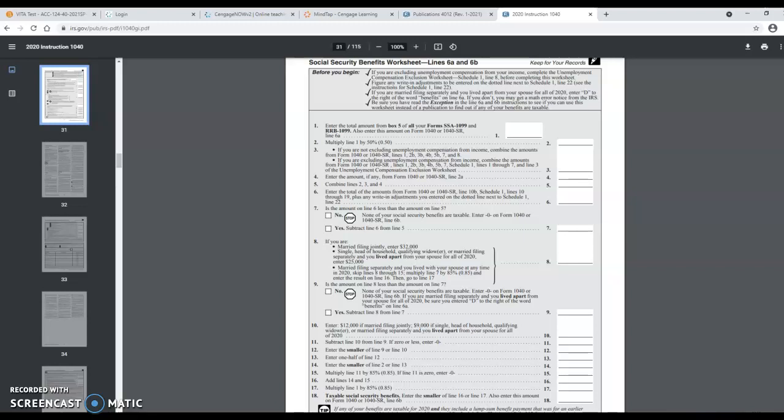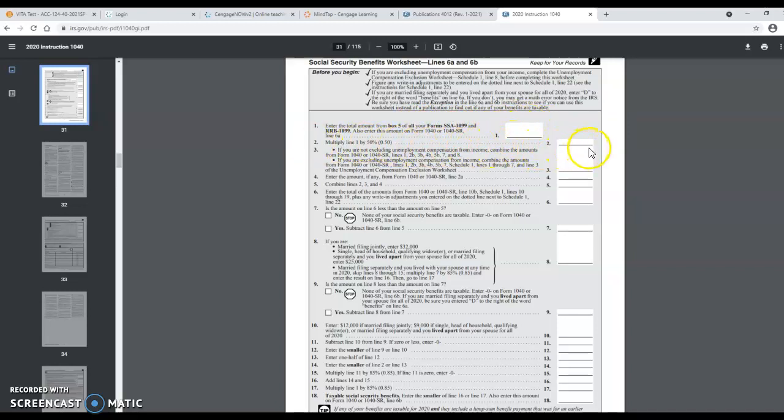If Social Security is not taxable, then your answer would be no. Social Security can be 50% taxable or 85% taxable, so those would be partially taxable. Never is Social Security fully taxable. So here's your box 5 from your SSA-1099. That's how much Social Security Warren got.